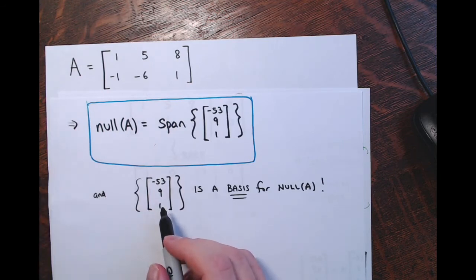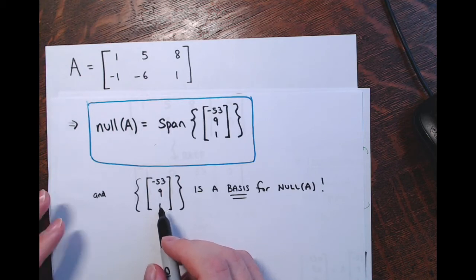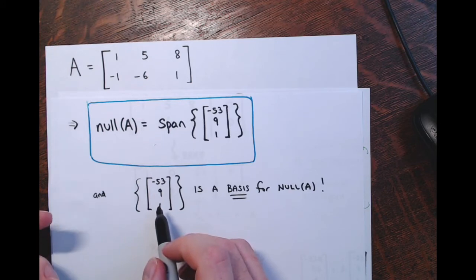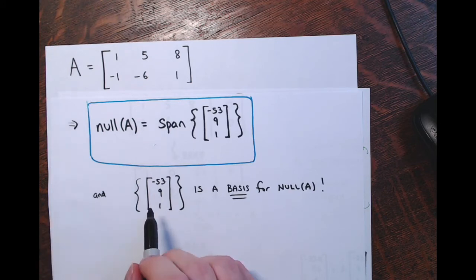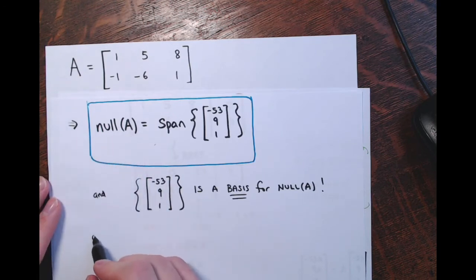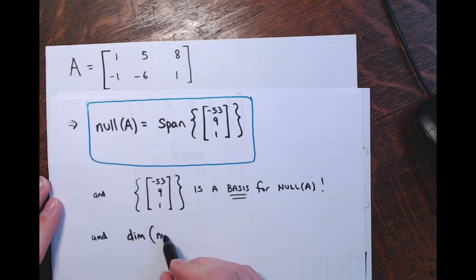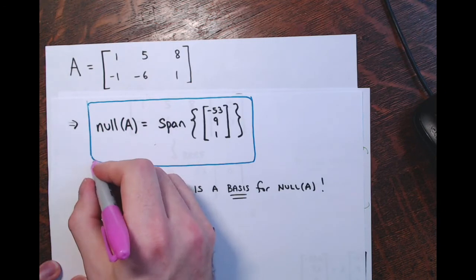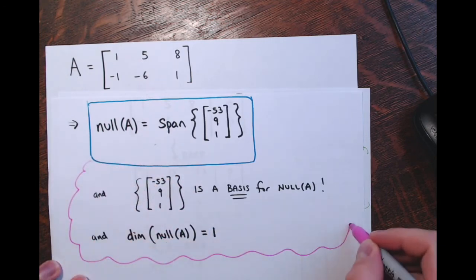And this basis has only one vector in it, and it's not the 0 vector. Remember, if it's only the 0 vector, then it's dimension 0, but this is a non-zero vector. So the dimension of this null space is 1, because a basis has one vector in it.